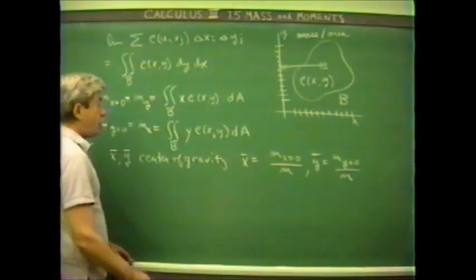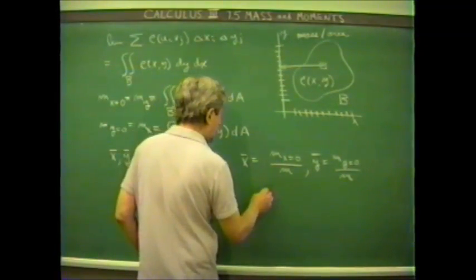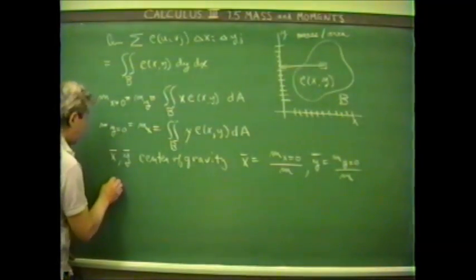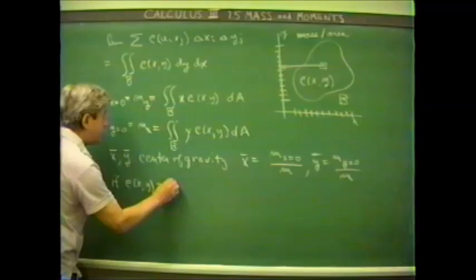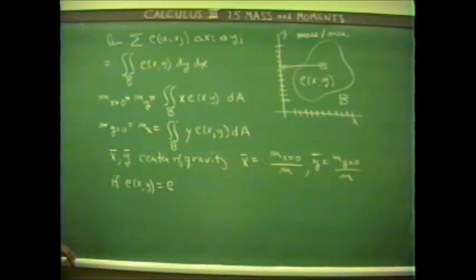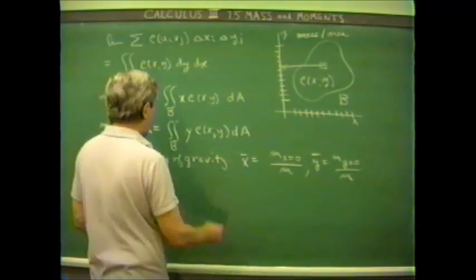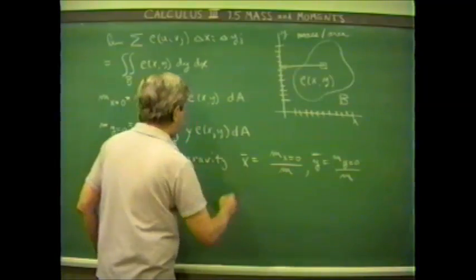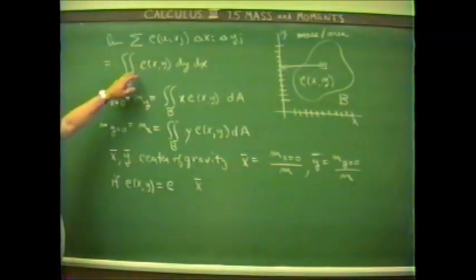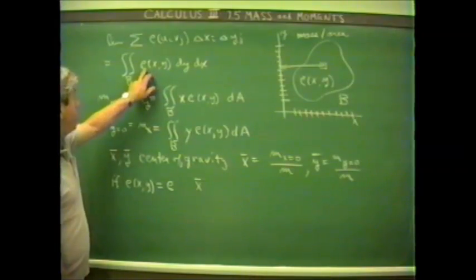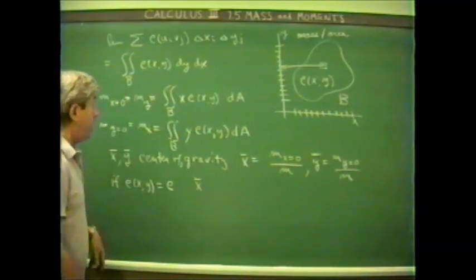In the event that rho is a constant, if rho of x and y is equal to some constant value rho, then when you perform this division, the rhos cancel, because rho comes out of each integral.